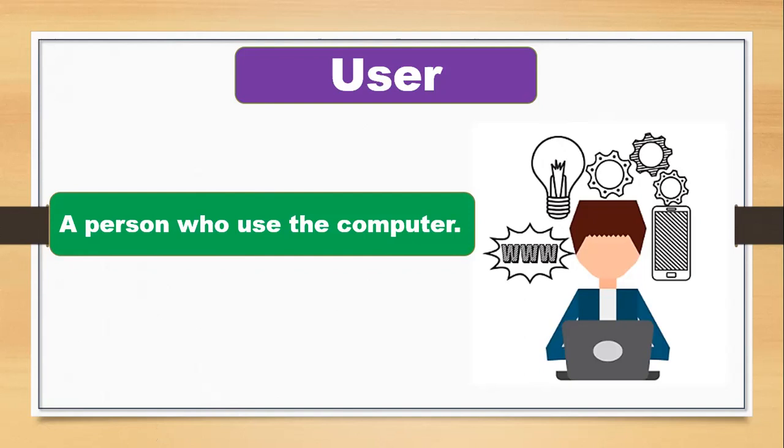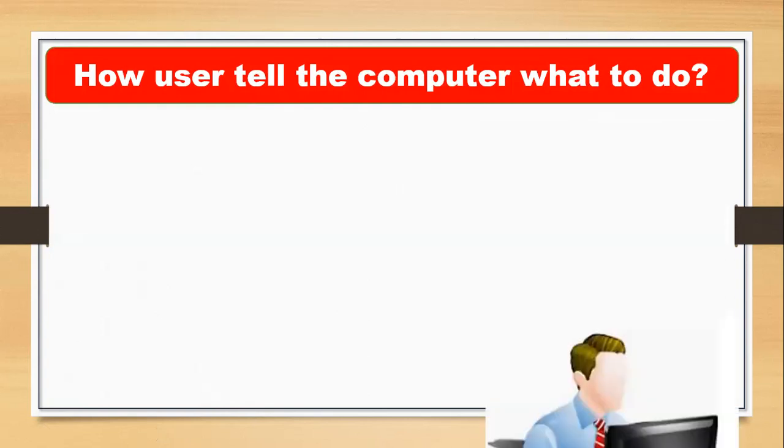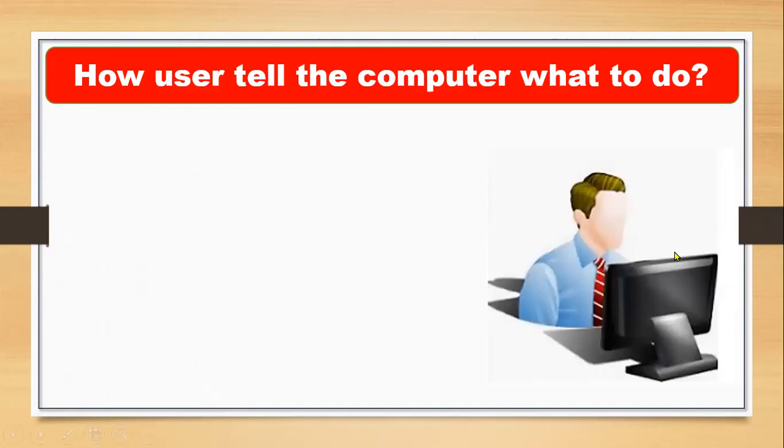For example, you are writing numbers, so the computer will follow your information and then save it inside the computer. So you will be the user. How does the user tell the computer what to do? For example, look at this man.